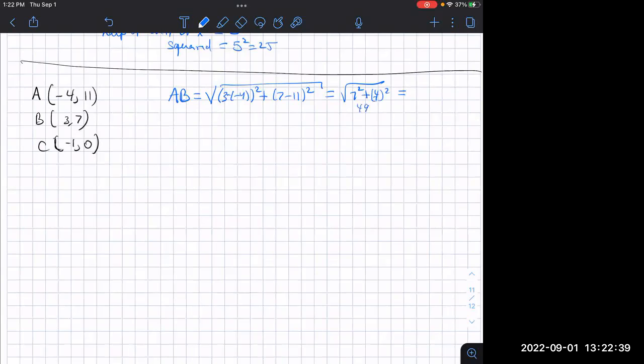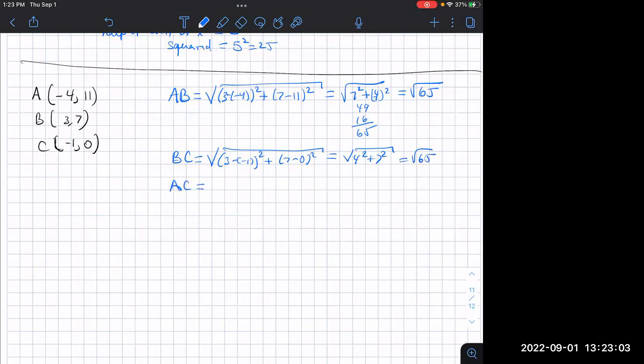So it's 49 plus 16, 65. So did you get the square root of 65? Yeah. Okay, and BC, it should be (3 minus -1) squared plus (7 minus 0) squared. So this is also 4 squared plus 7 squared, so it's 65.